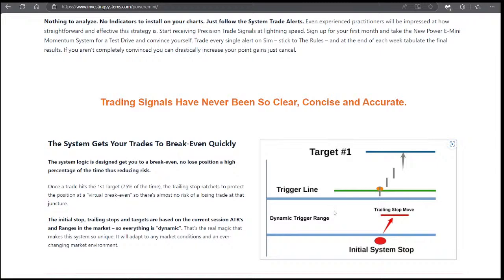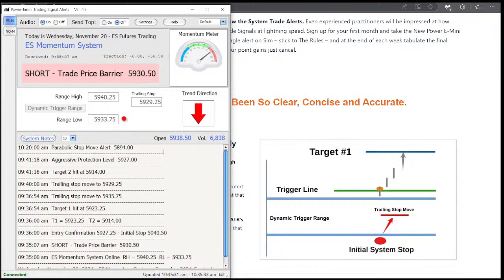The point I was going to make is this: price breaks out of the range, we get an alert, we look for that 1 minute close, and then it calculates a relatively easy to hit target one based on the current ATRs in the market. So like today, this alert here, 4 points.